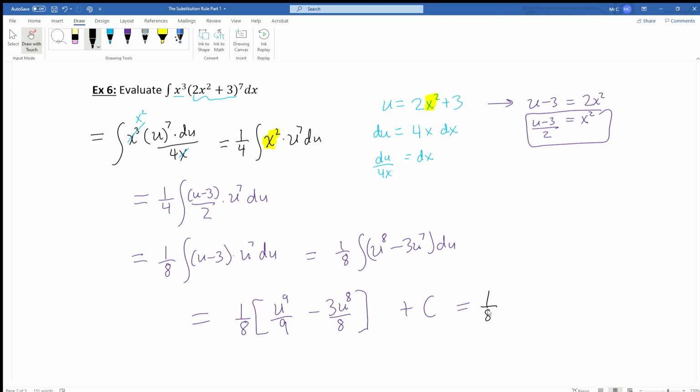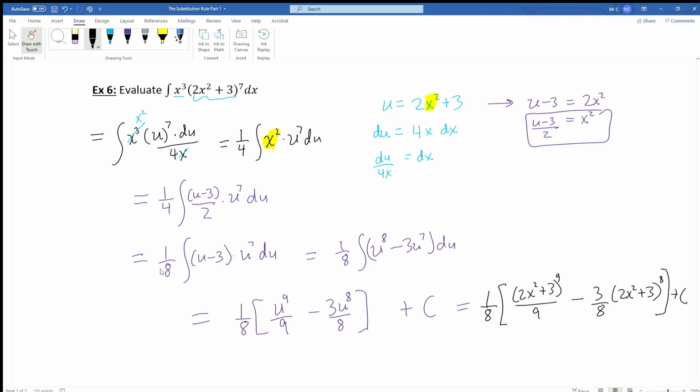So this gives us 1/8 times (2x squared plus 3) to the 9th power over 9 minus 3 over 8 times (2x squared plus 3) to the 8th plus c.